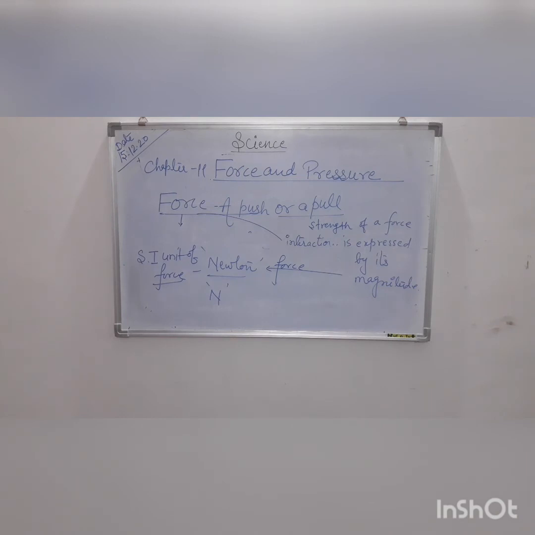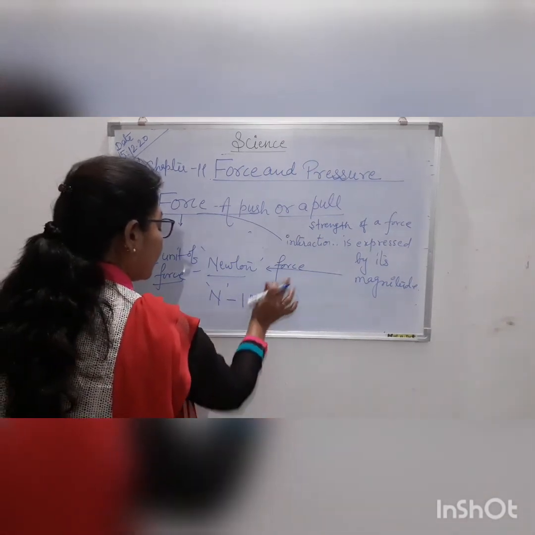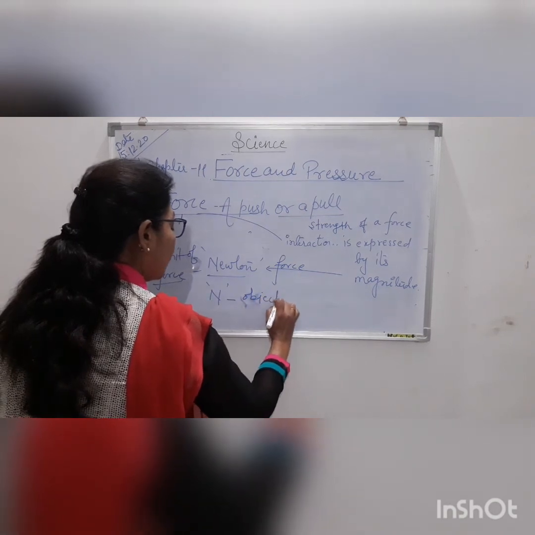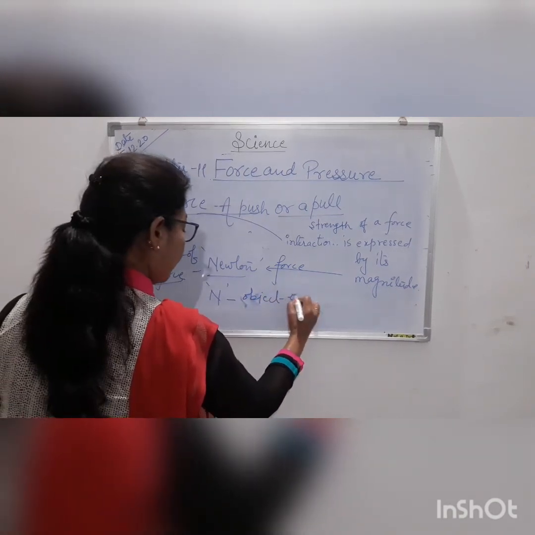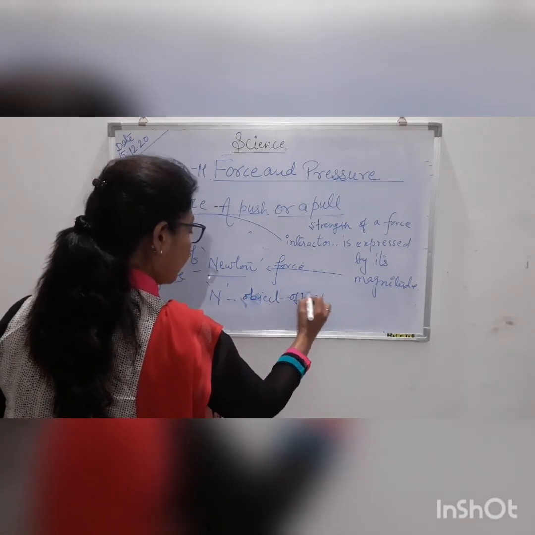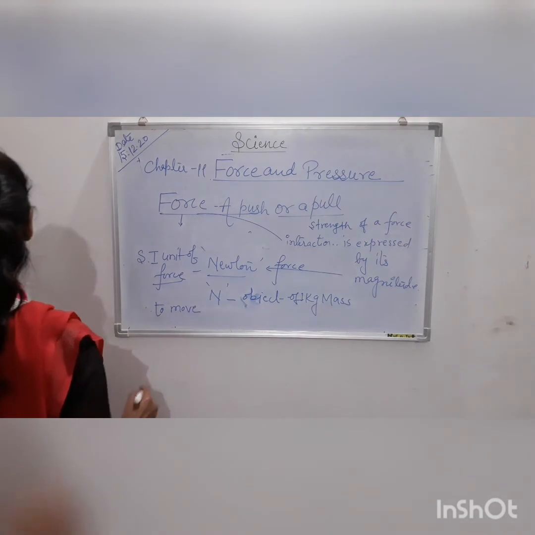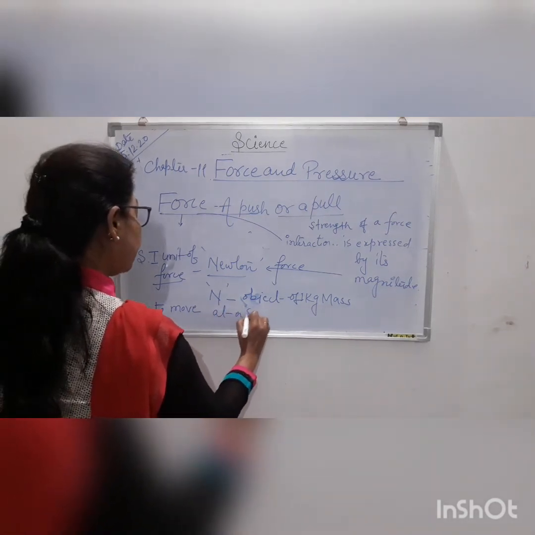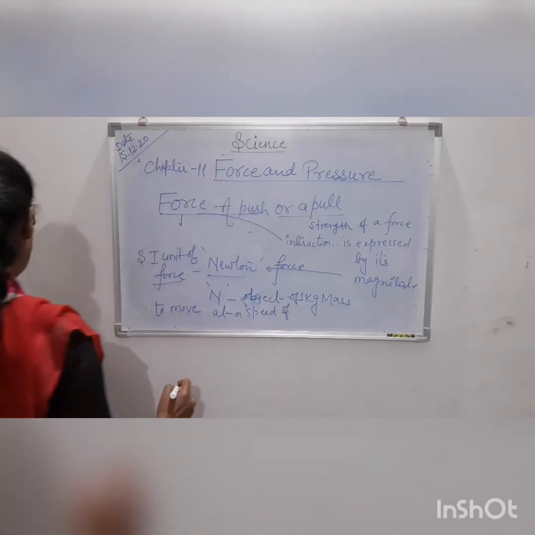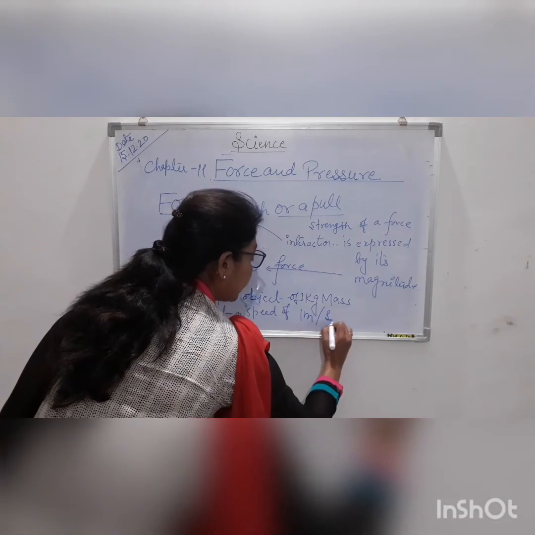1 Newton is the force which can make an object of 1 kilogram mass move at a speed of 1 meter per second.